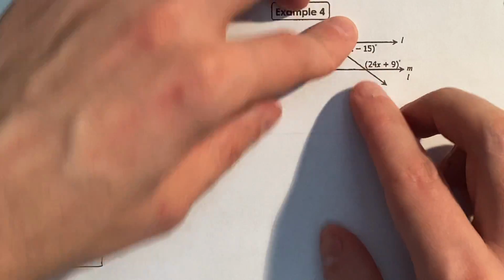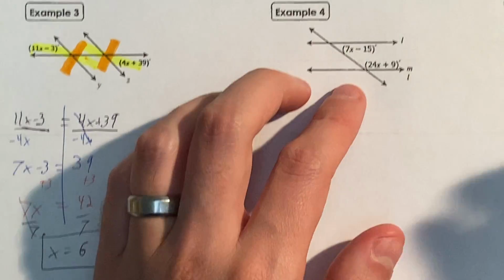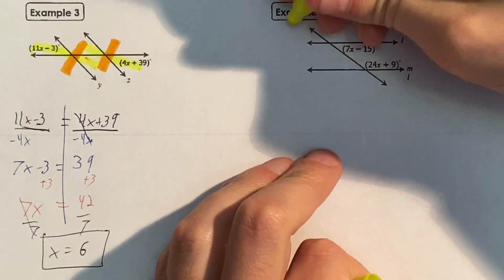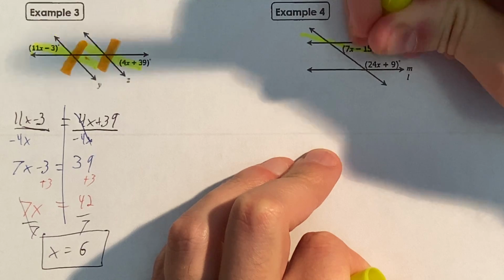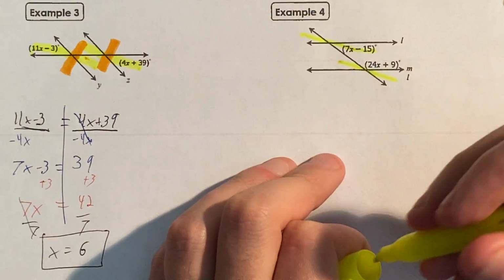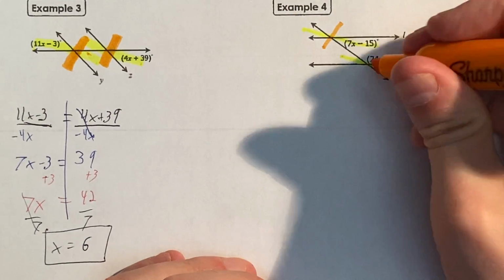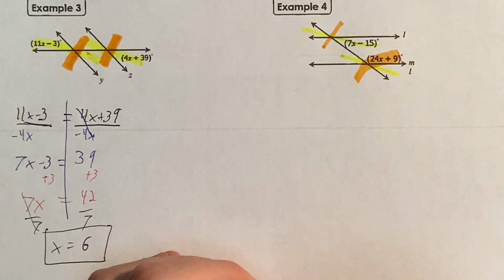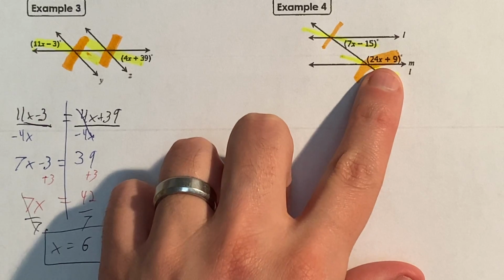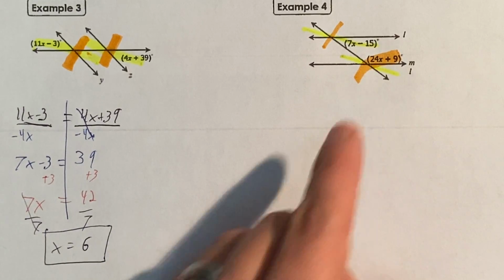So you're not going to set them equal to each other. Or, if you're doing the color thing, these would be the same and these would be the same. These would be the same, and these would be the same. So as you can see, yellow does not make orange. They are not the same.